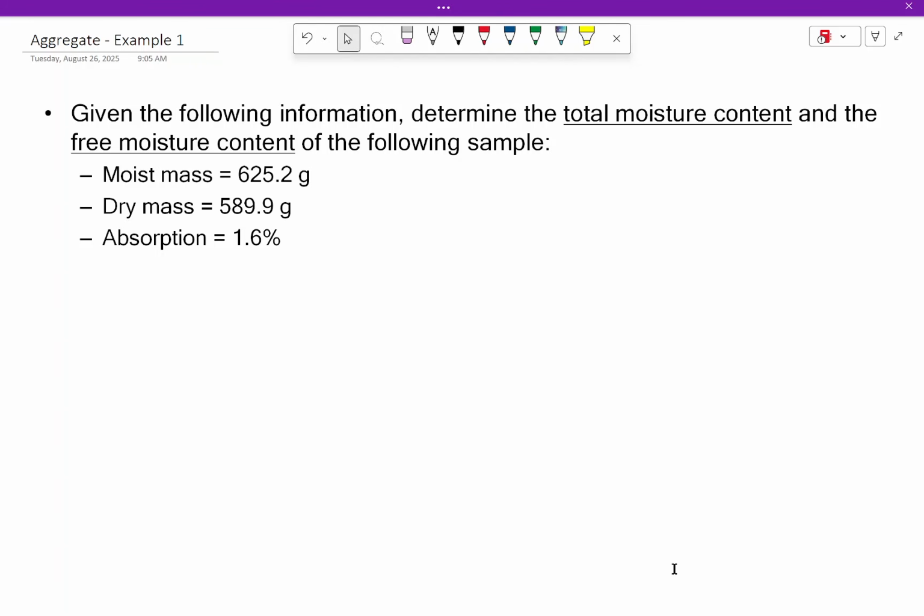So this is me measuring the weight prior to sticking it in the oven, and then measuring the weight after sticking it in the oven. Okay, so I've got that, and then I also know that this aggregate has an absorption rate of 1.6%. So in other words, it takes a moisture content of 1.6% to fully fill those voids to get it to the saturated surface dry condition.